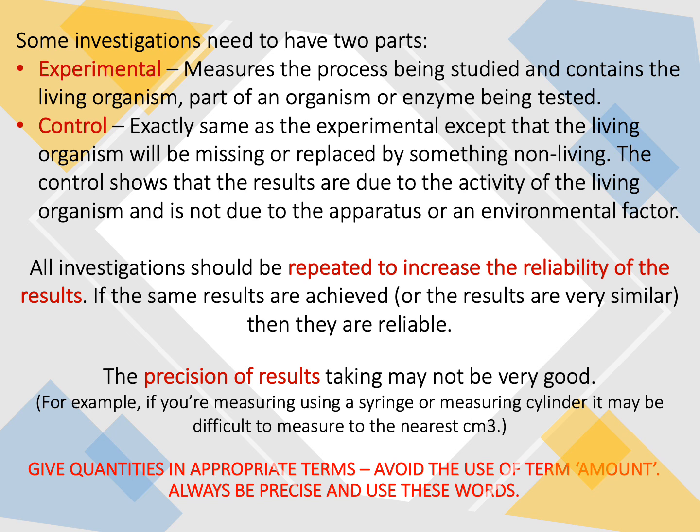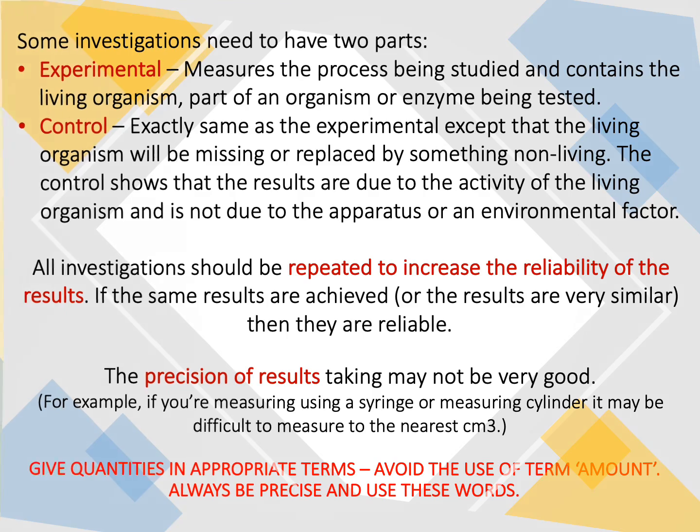For example, if you are measuring using a syringe or measuring cylinder, it may be difficult to measure down to the nearest cm cube. Always remember to give the quantity in appropriate terms. As I mentioned earlier, avoid the use of the term amount. Remember to always be precise and use the correct terms.